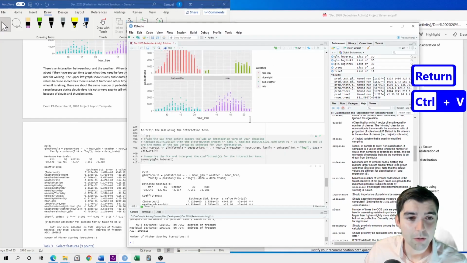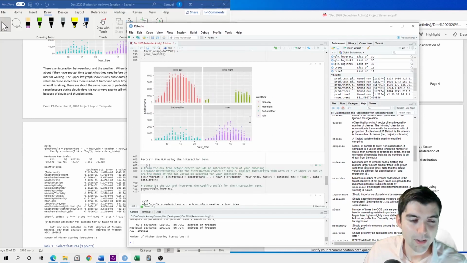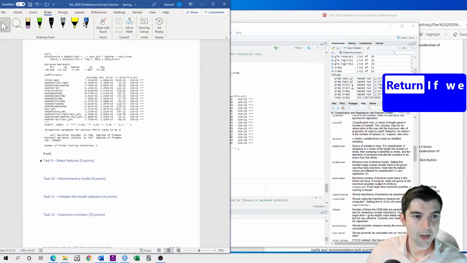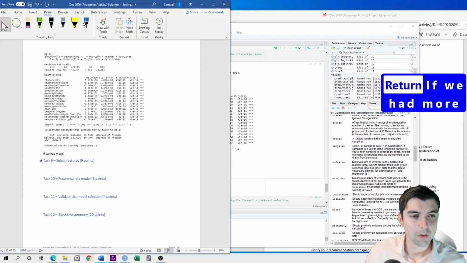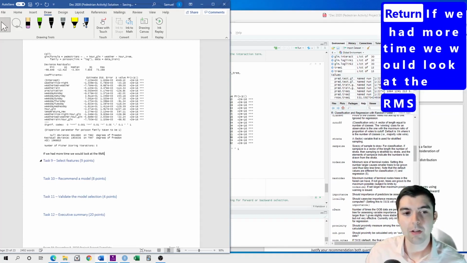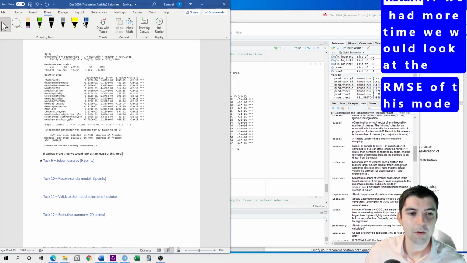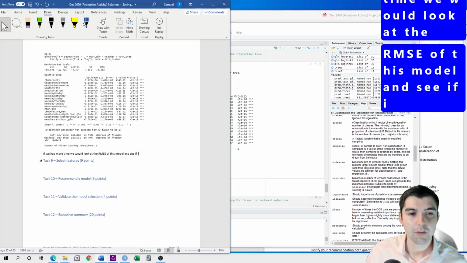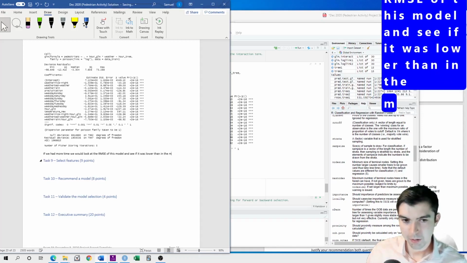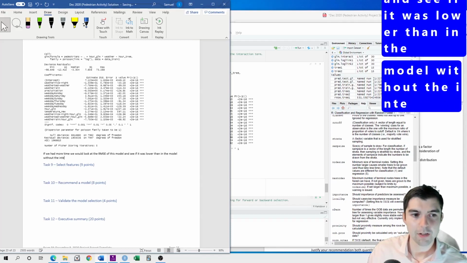If we wanted to look at the RMSE, we don't have enough time, so we'll just say that. If we had more time, we would look at the RMSE of this model and see if it was lower than in the model without the interaction.